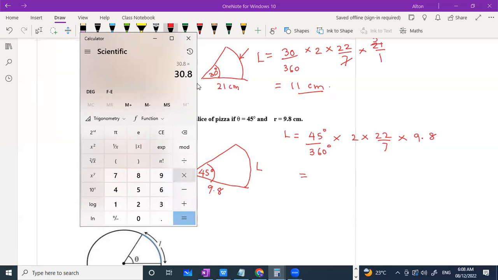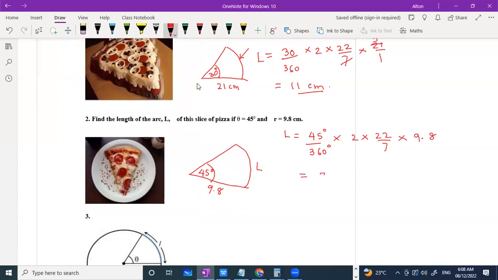And then we are multiplying that by 2 again. 61.6. Let's multiply by the 45. And then divide our answer by 360. Final answer, 7.7. So that should be our arc length right there, 7.7 centimeters.